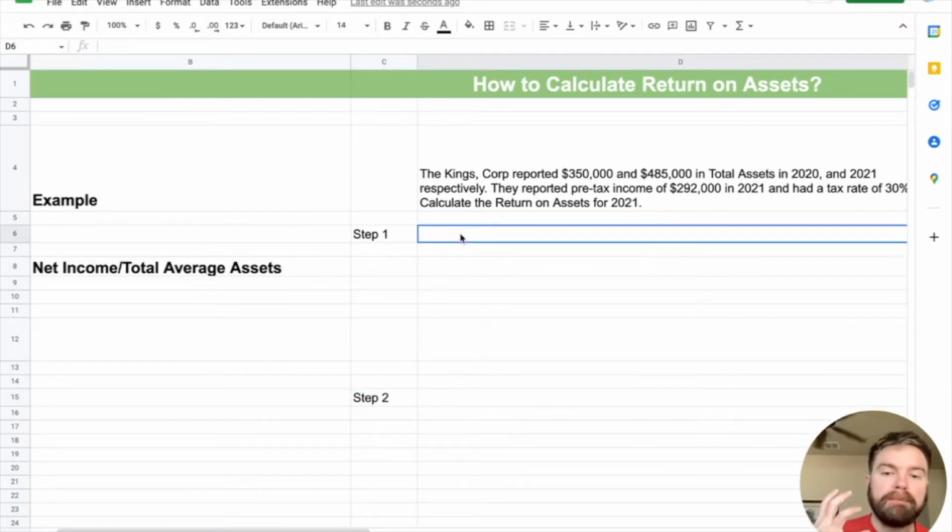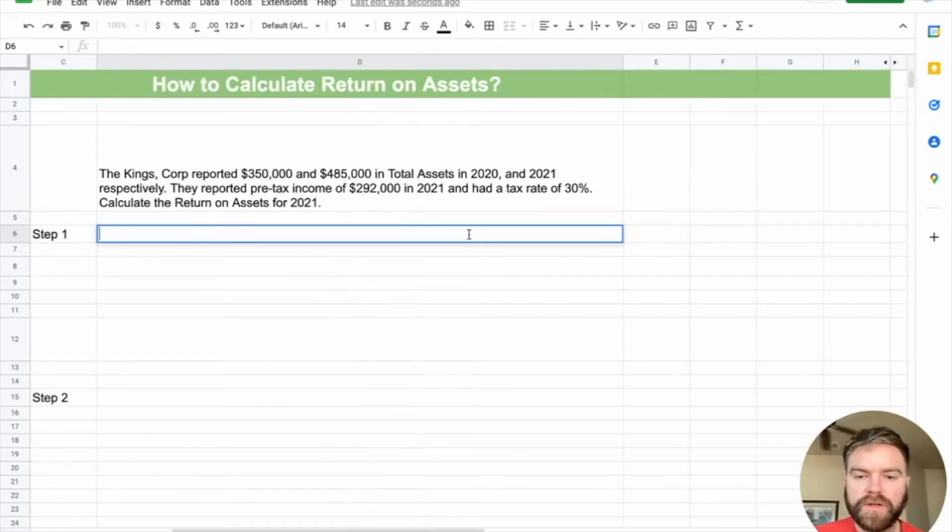Now, to calculate net income, what we're going to do is this. We know our pre-tax income is $292,000. There are 2 ways to do this, and I'll show you both ways just so you know. The first way to do it, you take $292,000 and multiply it times the tax rate, which is 30% in this example.